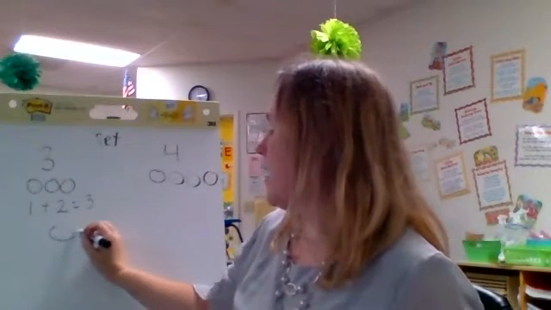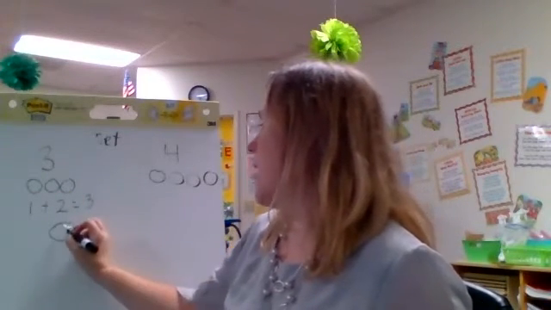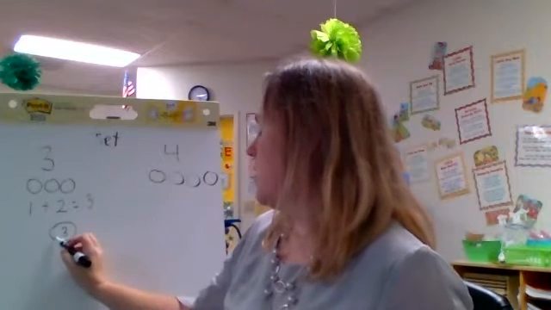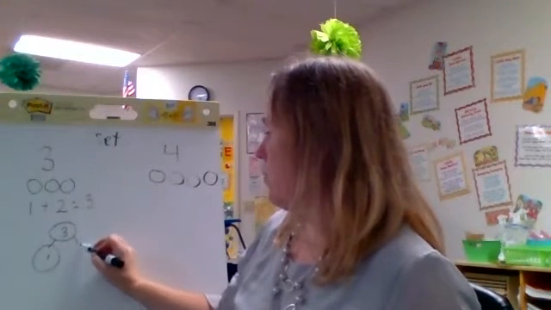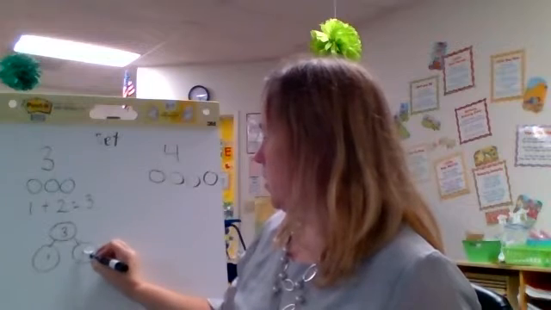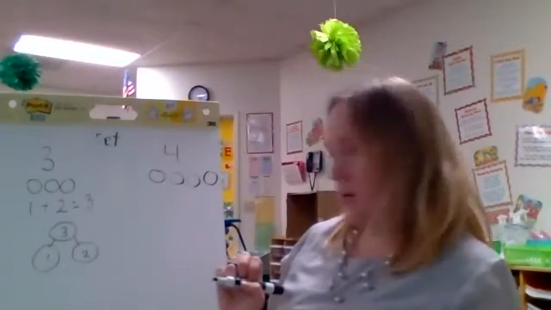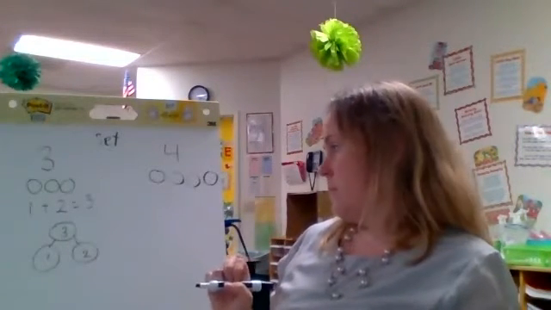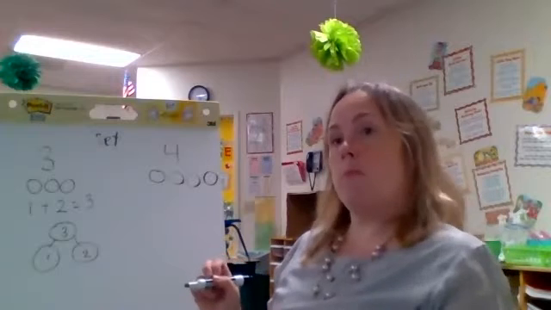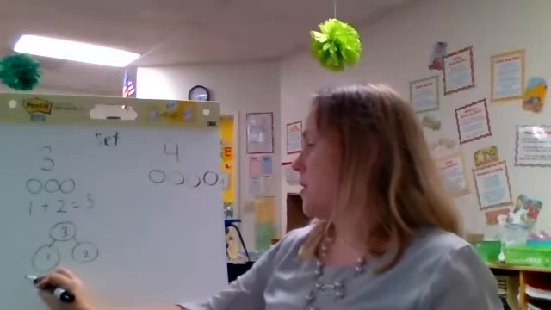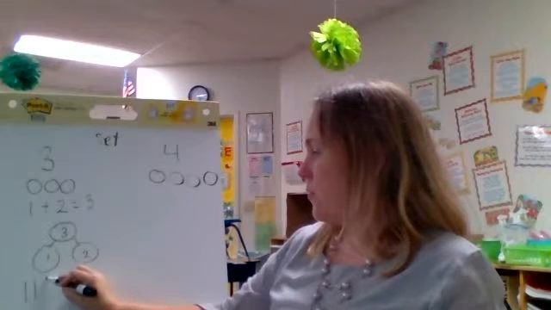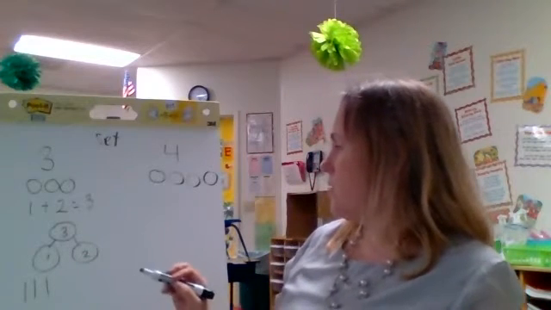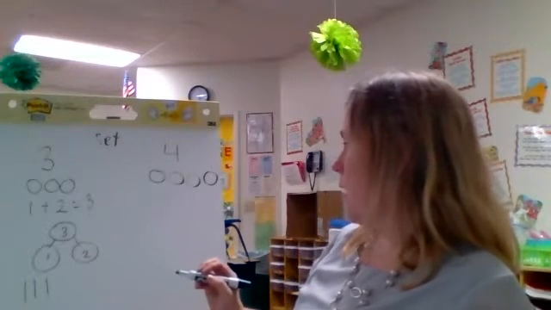If I were going to write it like a number bond, I would write 3, and here I would write 1, and here what would I write? 2. I could also make something called tally marks. 1, 2, 3.